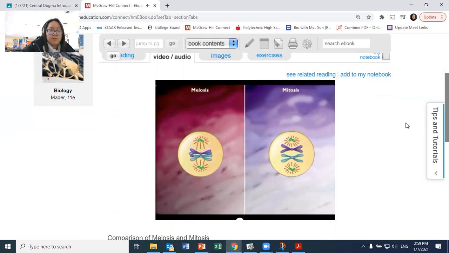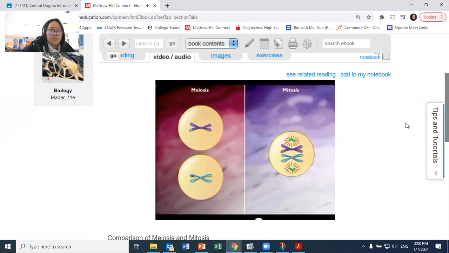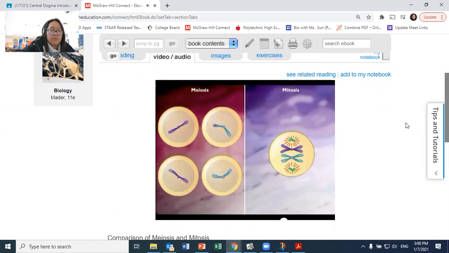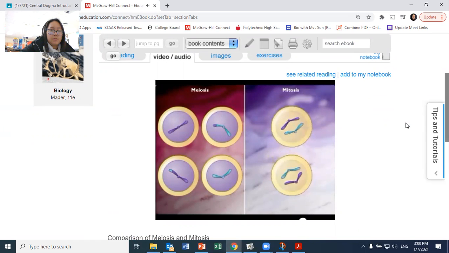The paired chromosomes then align along the central plate of the cell and subsequently separate, one traveling to each end of the cell. In meiosis, a second division sequence occurs, resulting in 4 cells with half the number of chromosomes. Mitosis involves a single division sequence, resulting in 2 cells with no net change in the number of chromosomes.